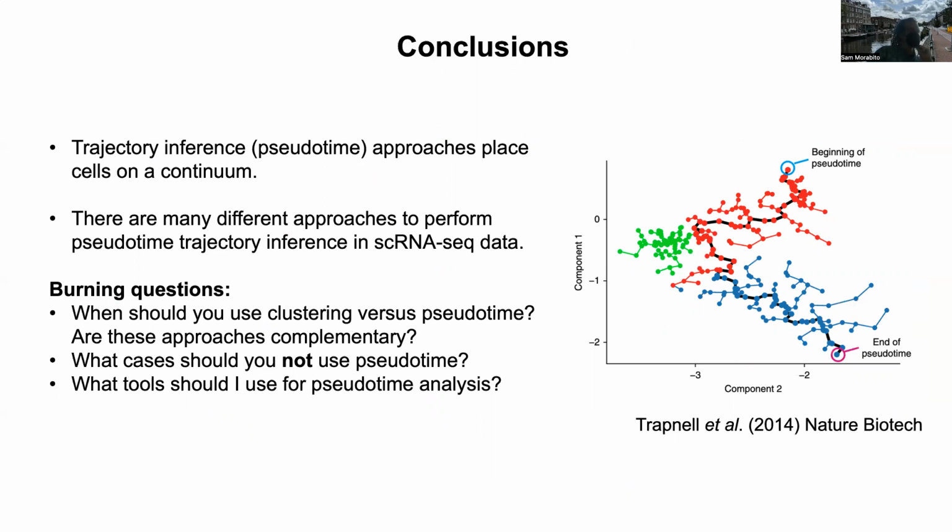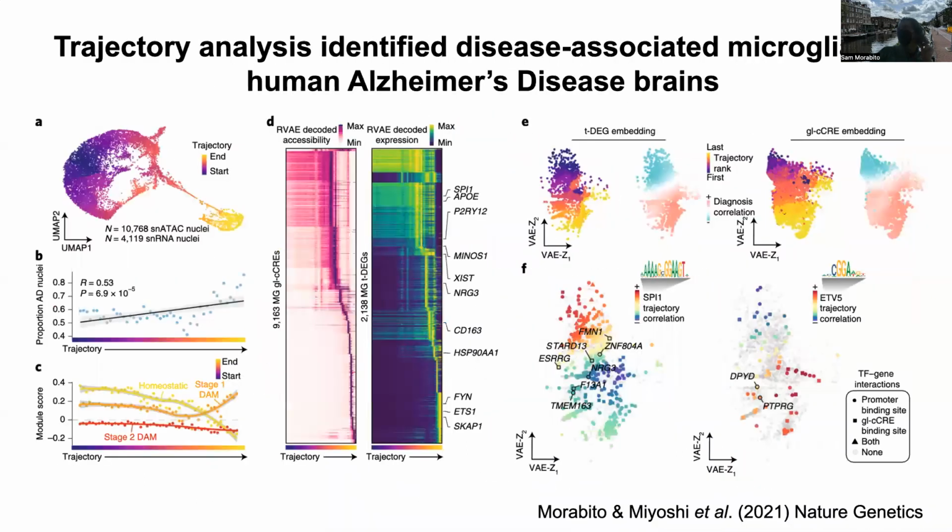The input to Monocle 3 is pretty much gene expression data, but it computes a UMAP based on it. So you can give it any UMAP or any dimensional reduction, like if you have it for methylation data or chromatin accessibility data.